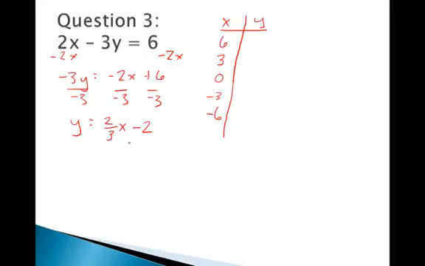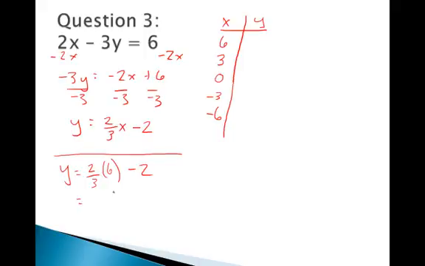Now what I'm going to do is plug in my x values that I have in this first column where I see an x. Okay, and that's how I'm going to get my y value. So for example, I'm just going to put it down here. y equals 2 over 3 times 6, because that's my x value, minus 2.